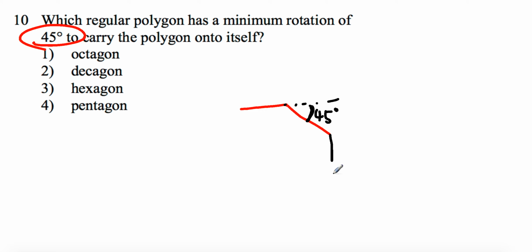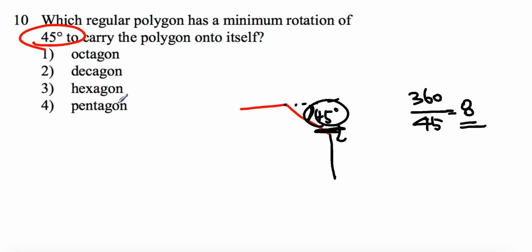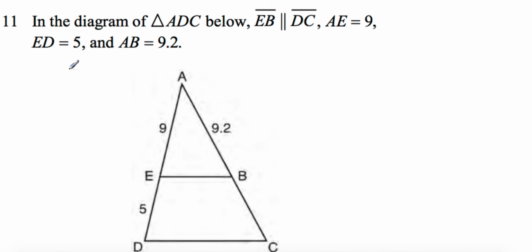That means if this one is moved over here, by rotating another 45 degrees, I should be able to get the same figure as well. In other words, the exterior angle has to be 45, so we get 360 divided by 45 should give me the number of sides. That's equal to 8. That's right. So we get octagon would have been our answer, choice 1. Number 11.